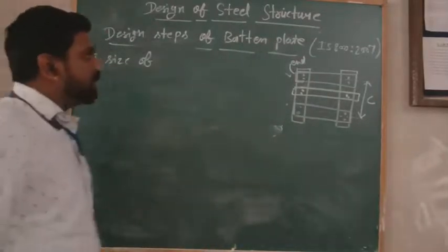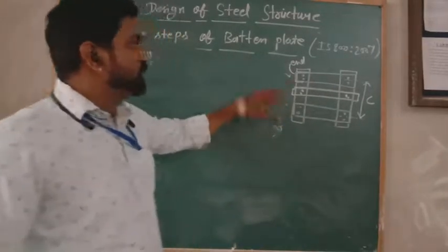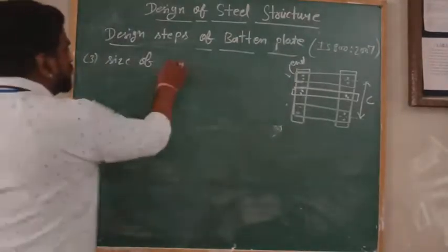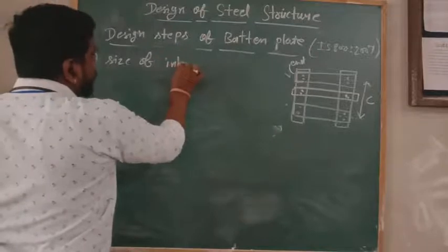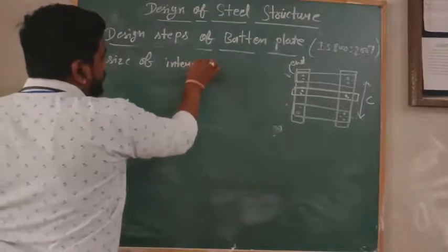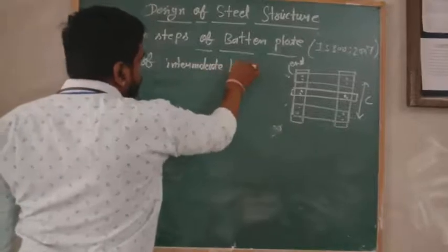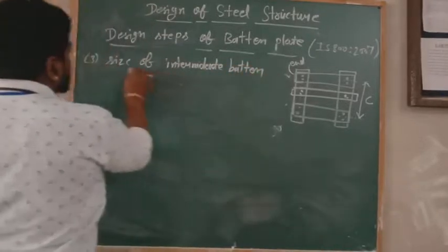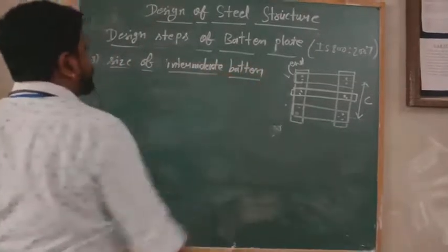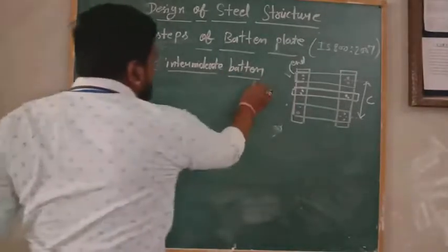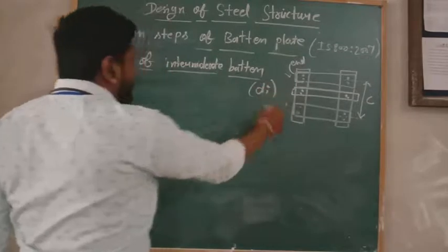The size of intermediate batten is represented by DI. First of all, we find the effective depth.